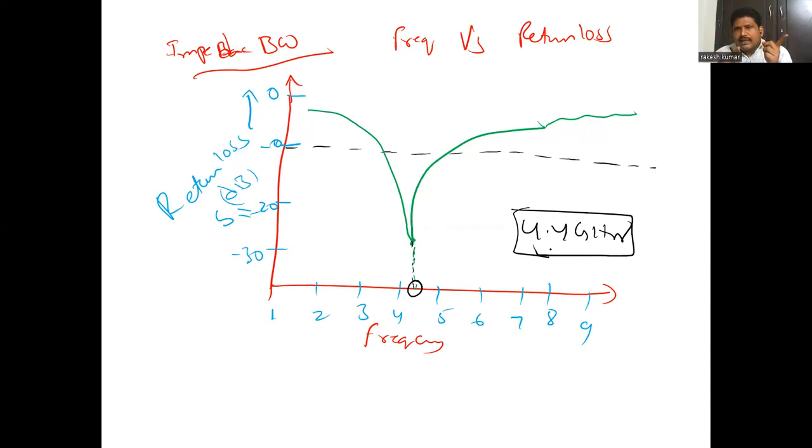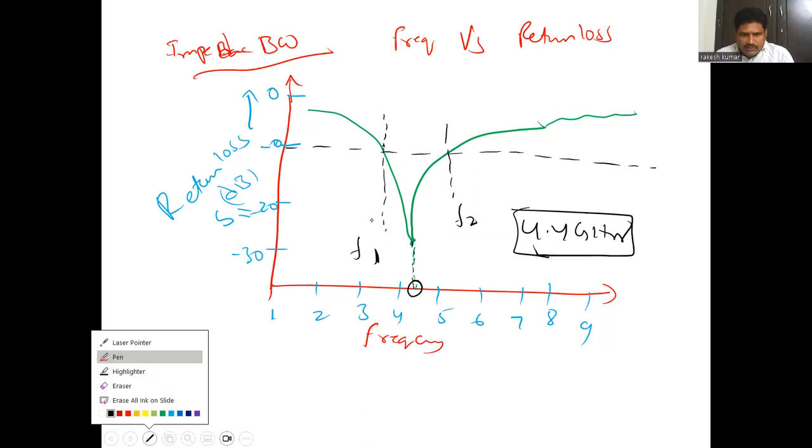So how to calculate this? In this graph, it is crossing minus 10 dB at this point. Consider this as F1, and where it leaves, this is F2. By seeing this graph, what are the values of F1 and F2?